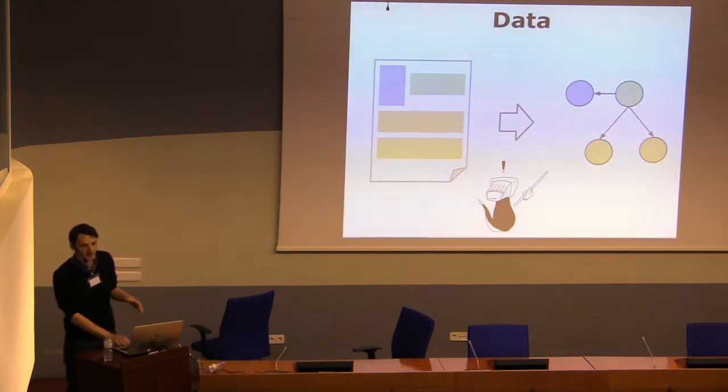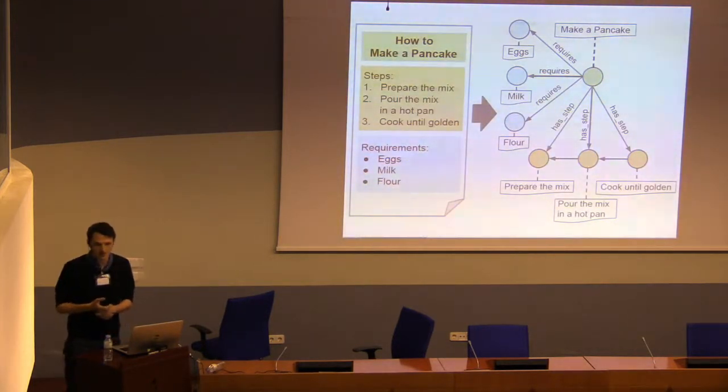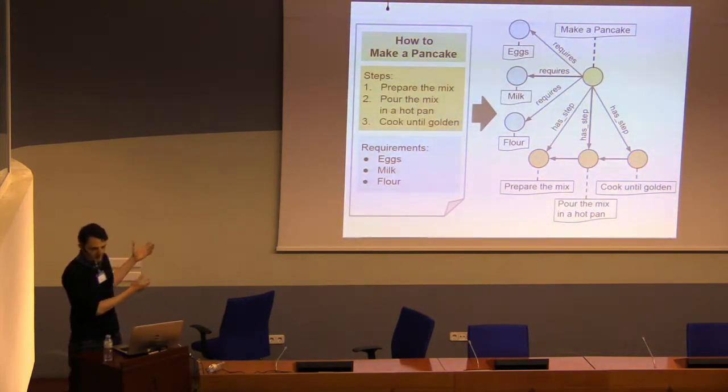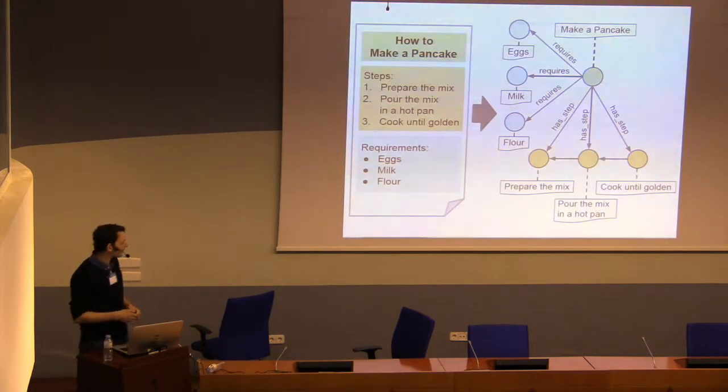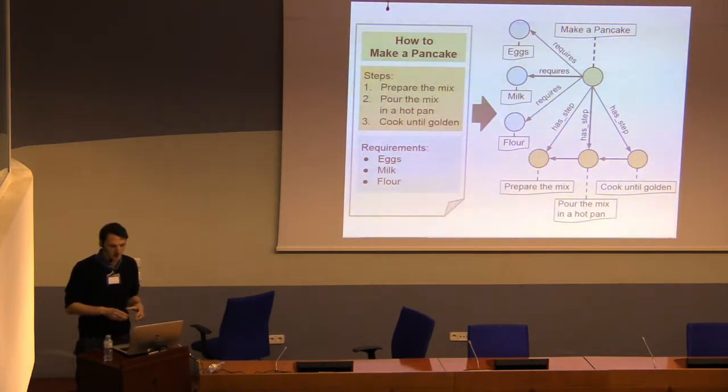So the first step, as I said, is transforming unstructured documents into data. To give you an example of how the system I created works, we can see an HTML page, well, a representation of one, on the left, and on the right we see a graph that represents the various entities and the various relations between the various parts of this set of instructions.